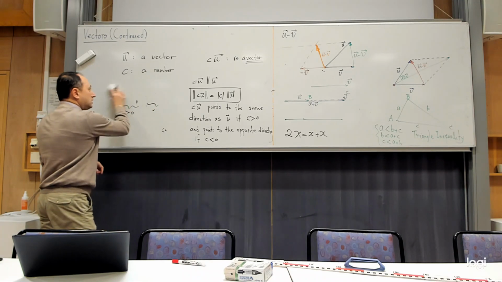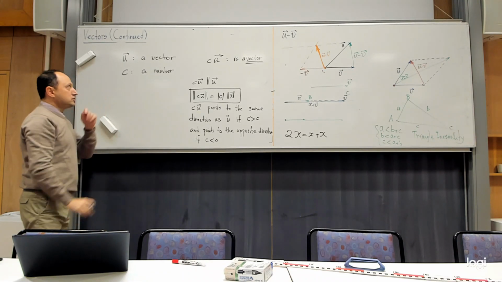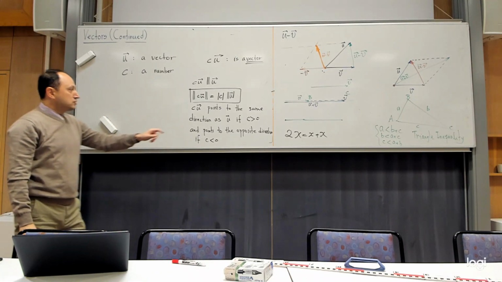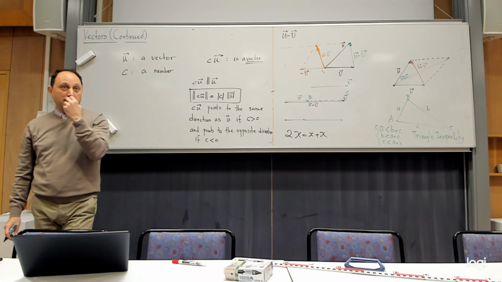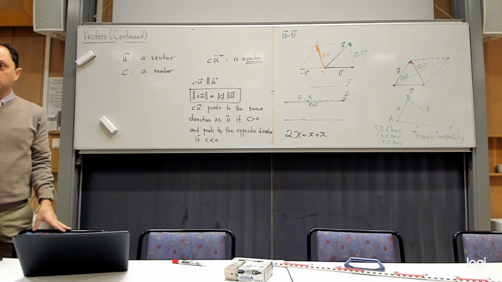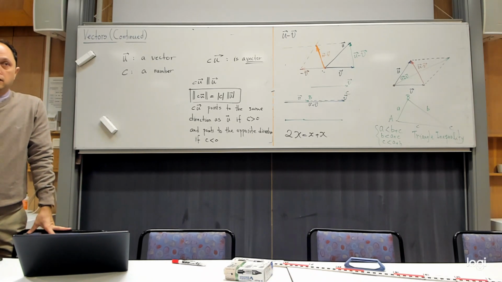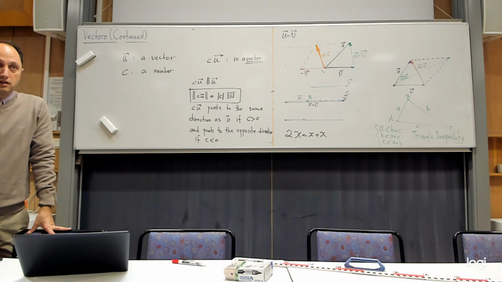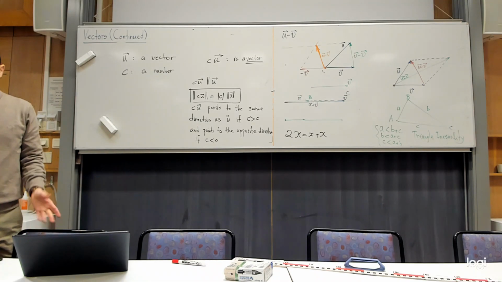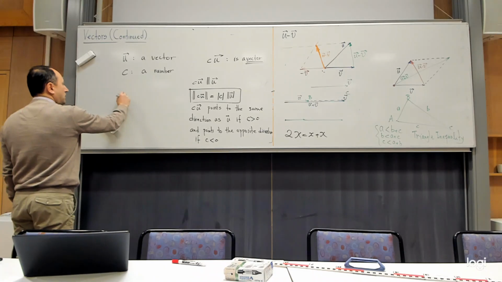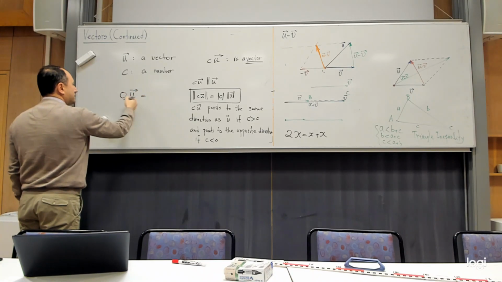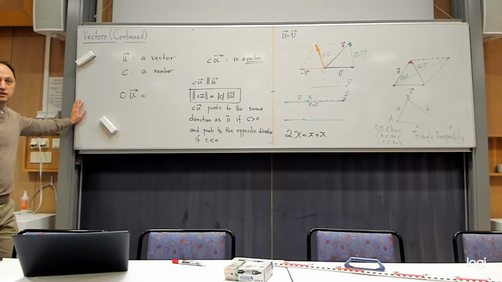Okay. And then one question is still left. I am talking about c positive, I am talking about c negative. One case is not considered yet. What is that case? Yes? If it's equal to 0. If it is equal to 0, what do you think is a good definition? If I multiply 0 by u, if you are a mathematician, how do you define it? Yes, Oscar?